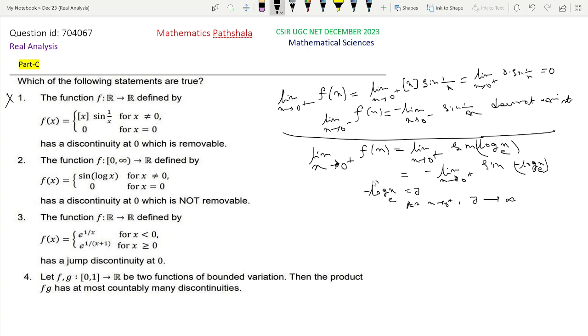Now putting this in the limit, we have minus the limit as y tends to infinity of sin y, and we know that this does not exist.